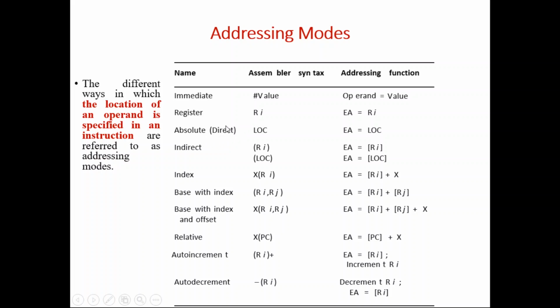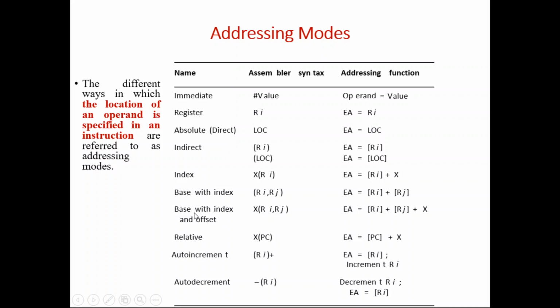Absolute address mode is also called direct address mode. Then indirect address mode, of which there are two types: register indirect and memory indirect address mode. And then index addressing mode, base with index addressing mode, base with index and offset addressing mode.